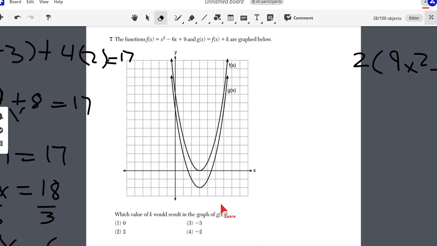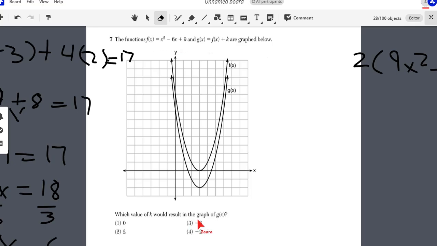Question number 7. The functions f of x equals x squared minus 6x plus 9 and g of x equals f of x plus k are graphed below. Which value of k would result in the graph of g of x?